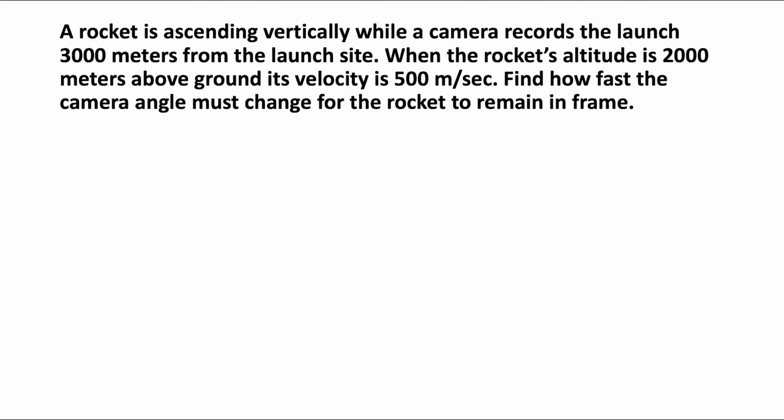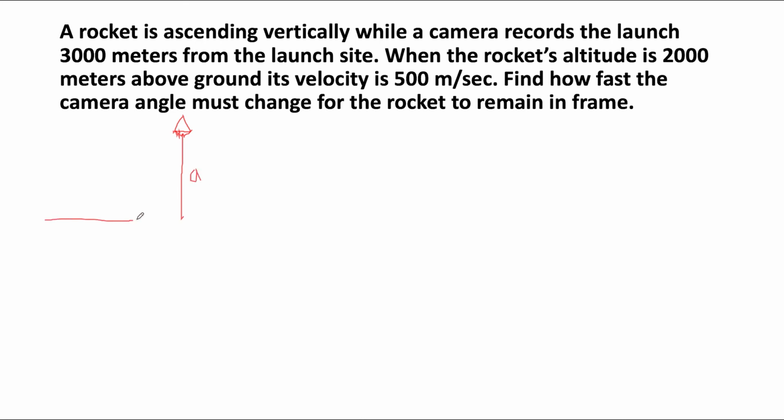A rocket is ascending vertically while a camera records the launch 3,000 meters from the launch site. When the rocket's altitude is 2,000 meters above ground, its velocity is 500 meters per second. Find how fast the camera angle must change for the rocket to remain in frame. Alright, so let's take a look at how we would draw out this problem. Well, first of all, there's the rocket, and it is at a certain altitude, let's call it A, above the ground.